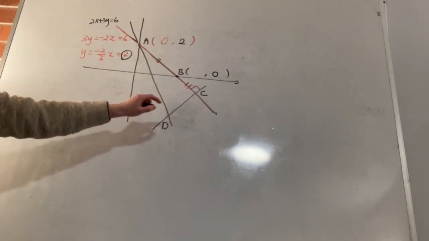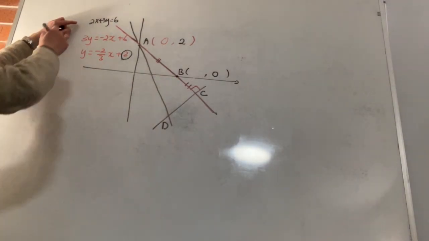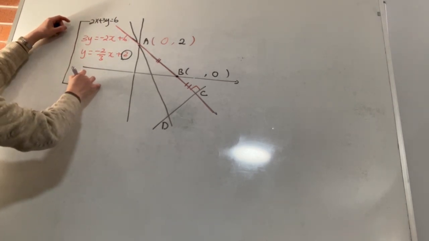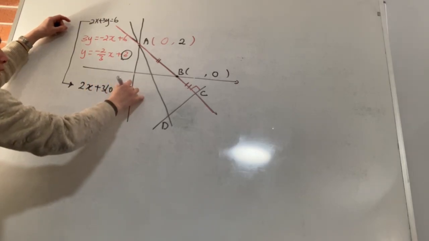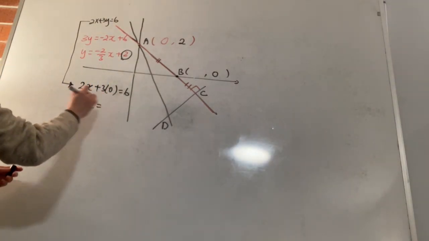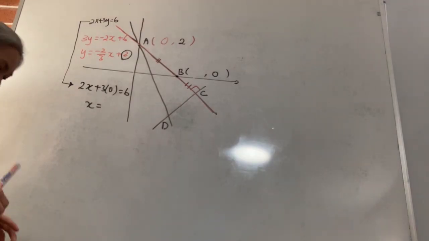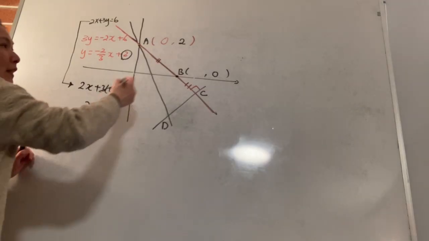So if you sub y equal to 0 from here, you have 2x plus 3 times 0 is equal to 6. That means your x must equal to 3, because this is a 0, it's gone.